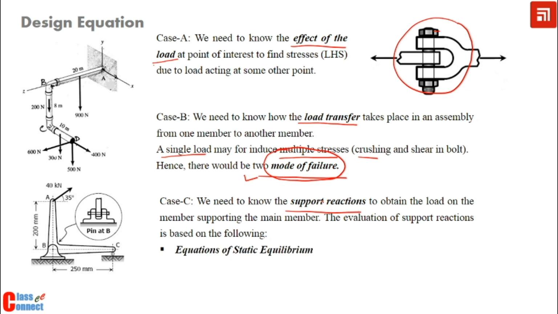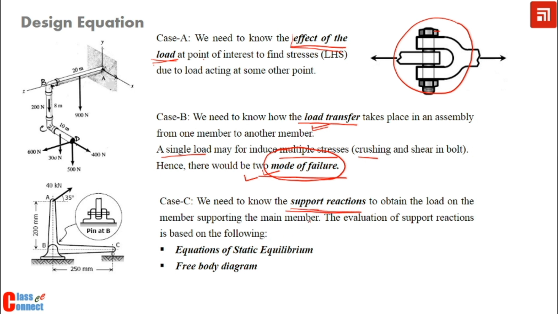So what does it mean? It means that we have to first identify how to find out the effect of load at a point. Secondly, how to view and find out the load transfer and identify the modes of failure. And thirdly, how to calculate support reactions.